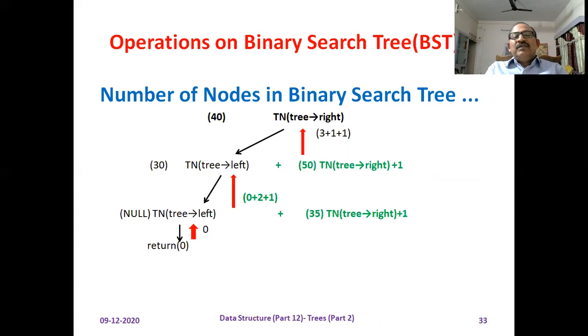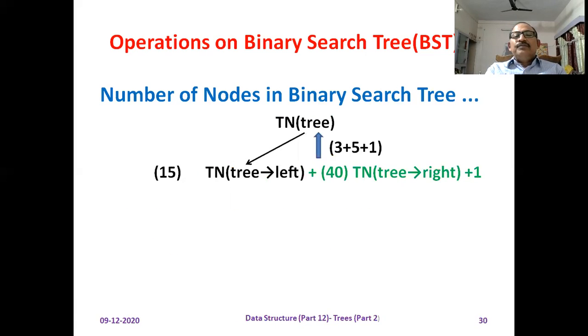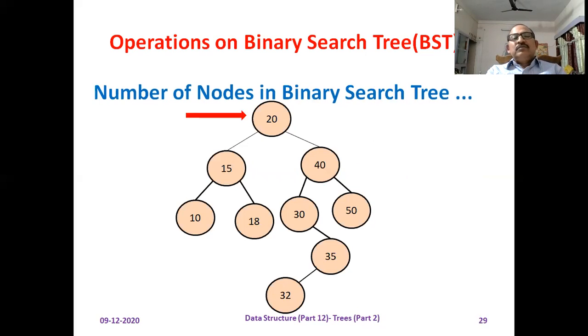Here the details are given in this slide. You can see at the node 40, the recursive function Tn tree right gets the value 5. Now the calling function received the value 3 plus 5 plus 1, means total value is 9. And here you can see this binary search tree has 9 nodes.